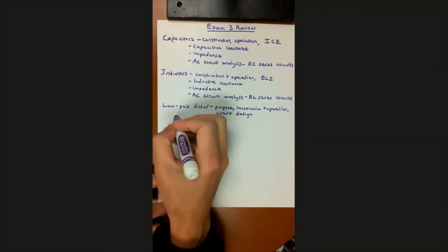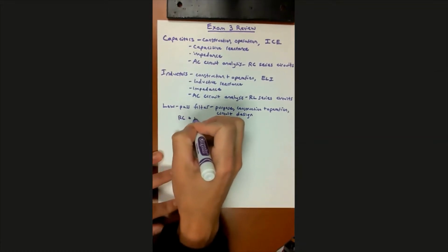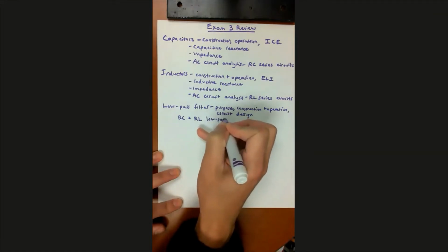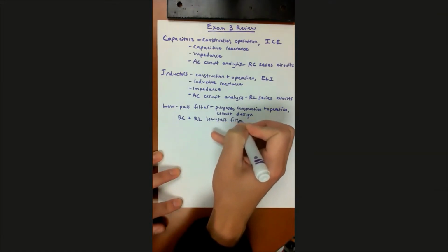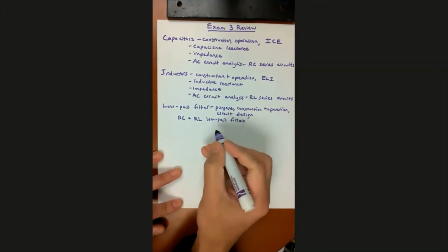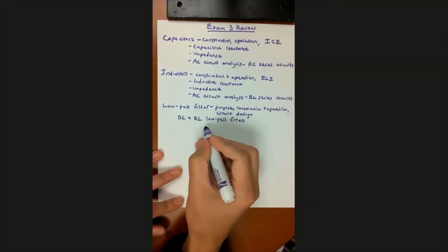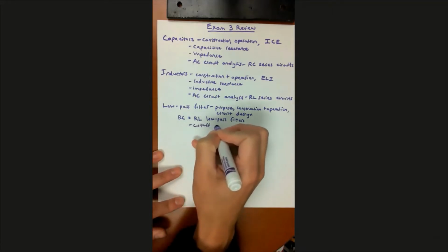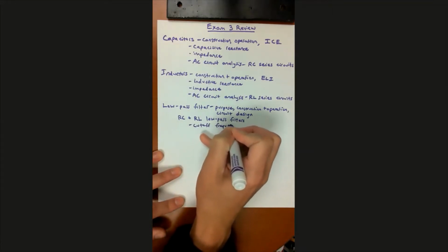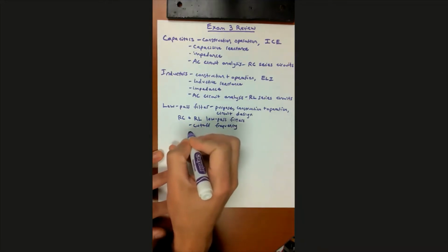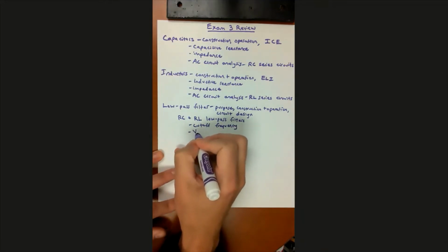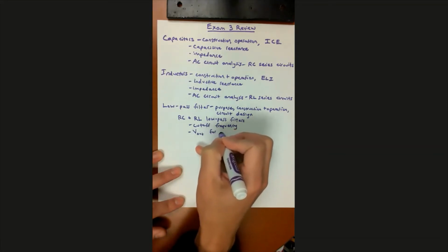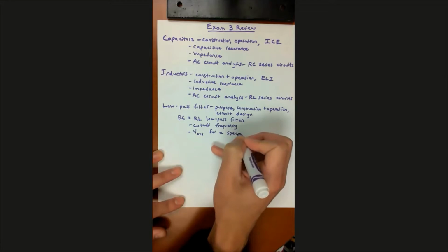So we talked about RC and RL low-pass filters. And for both of those, for RC and RL low-pass filters, we talked about the cutoff frequency, and we talked about the voltage output, V out, for a given specified frequency.